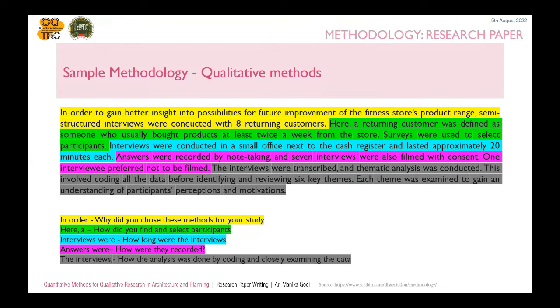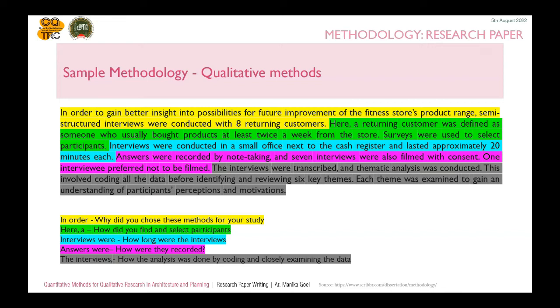The interviews were conducted in a small office next to the cash register and lasted approximately 20 minutes each. The answers were recorded by note taking, and 7 interviews were also filmed with consent. One interviewee preferred not to be filmed. The interviews were transcribed and then thematic analysis was conducted.